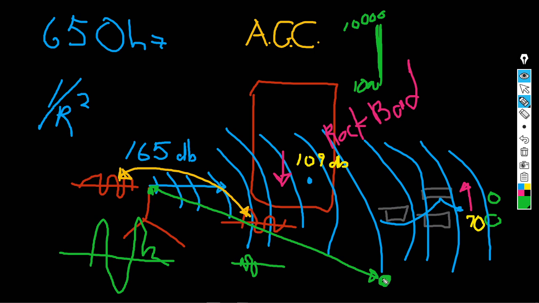Then by the time it gets to over here, it's still subject to this 1 over r squared distance thing, but it's lost almost all of its high frequency components and ends up being a signal that kind of looks like this, where the bottom end is still about 1,000 hertz, and the top end now is about 1,500 hertz.